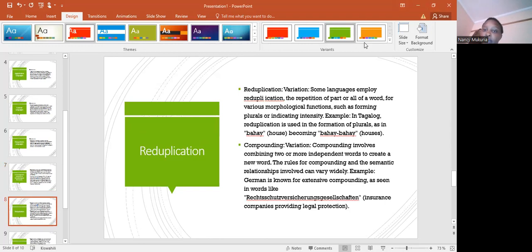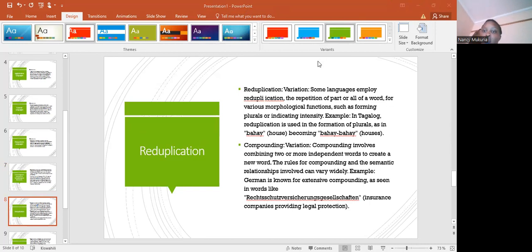Reduplication variation. Some languages employ reduplication, the repetition of a word or parts of a word, for various morphological functions such as forming plurals and indicating intensity.